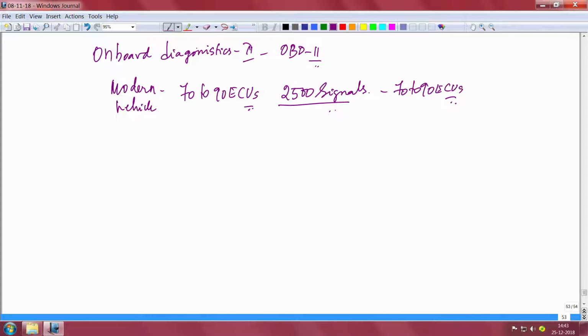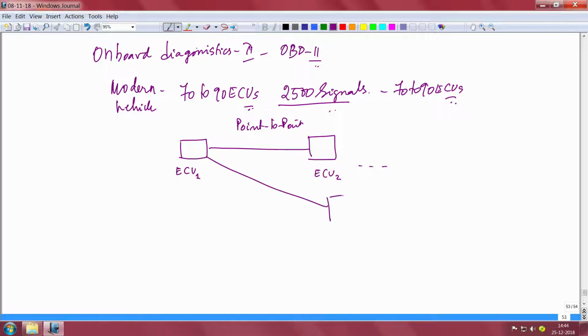So, you can imagine data that is exchanged over point to point links, between one ECU and another ECU, ECU 1 and ECU 2. If you do it this way, this is a point to point link. This is ECU 1, ECU 2, you can have up to n ECUs as I said, each one establishing a point to point link like this.